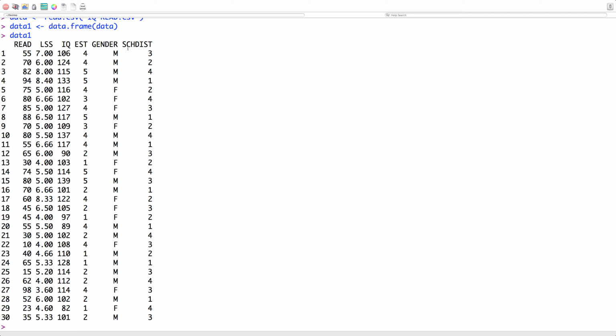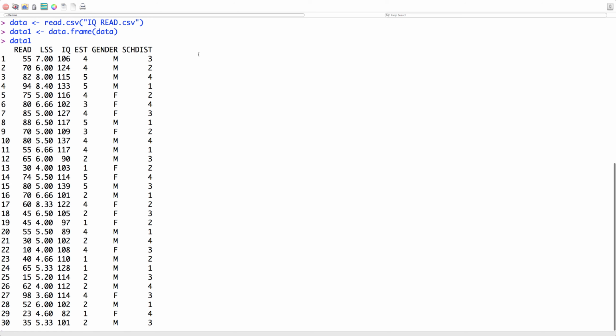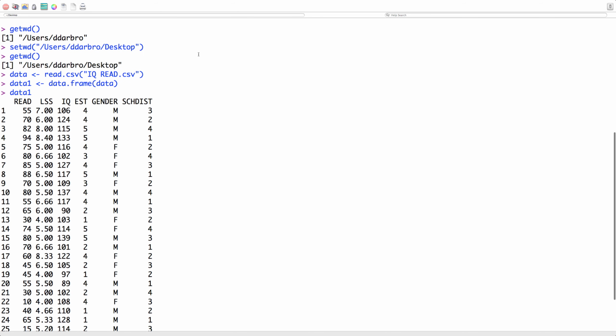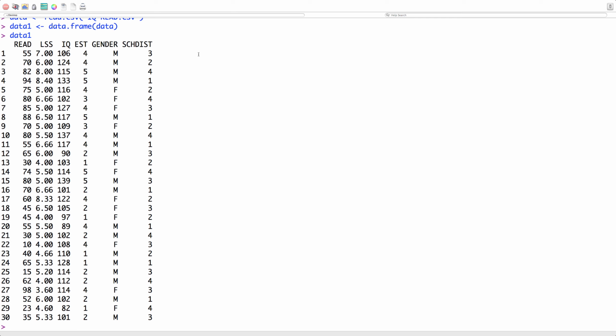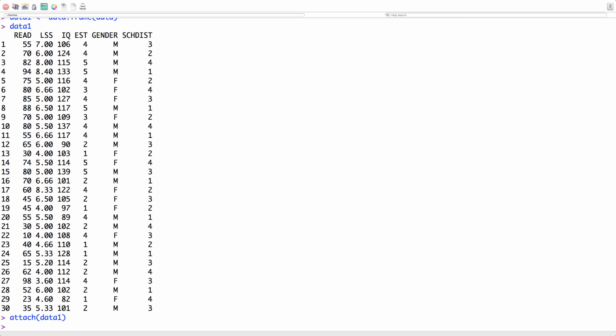And when we do data frame on our data, this gives us a little bit extra advantage when we're trying to convert things into matrix form, or at least I think it does. Now, the first thing I have to do is attach data 1 so I can actually work with it.